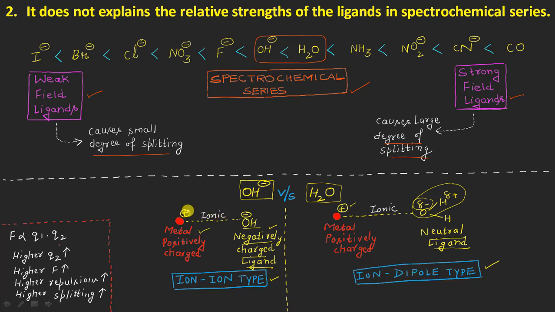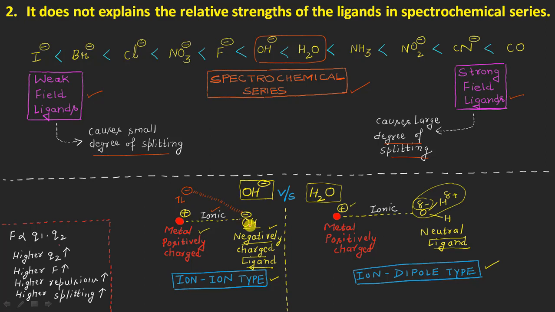And now moreover, I want to add here that the metal also contains electrons in its various orbitals, which means that it also possesses a negative charge. So when these ligands will be approaching the metal ion for the formation of such type of ionic bonds, there will definitely be present some sort of repulsions in between these negative charges, right?